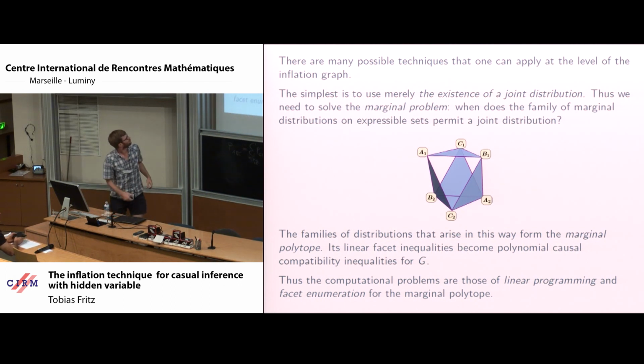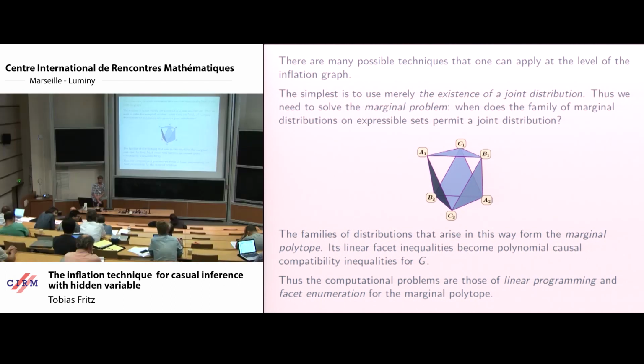This is called a marginal polytope. You enumerate all the facet inequalities, and there are standard tools to do that, although it's not an easy problem in general. But we've done this in some cases.